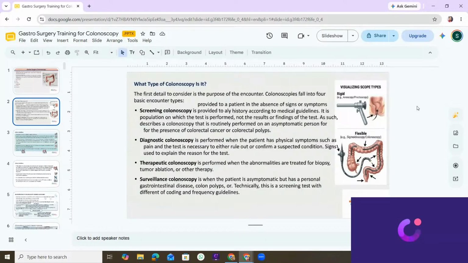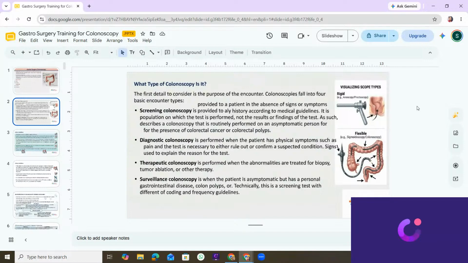Screening colonoscopy is the routine procedure performed on an asymptomatic person, when there are no symptoms and no conditions, only for examination purposes, general awareness, or routine checkup. That time we are using a colonoscopic procedure.